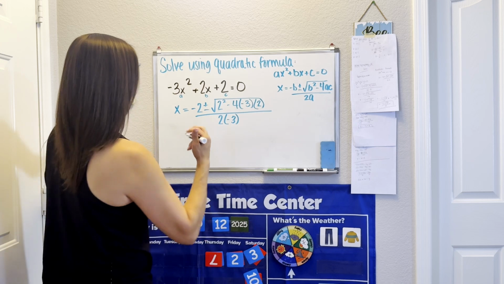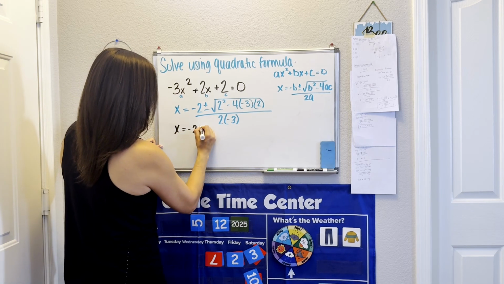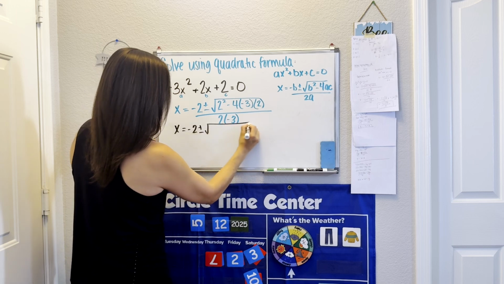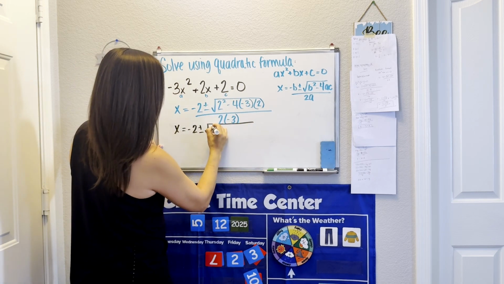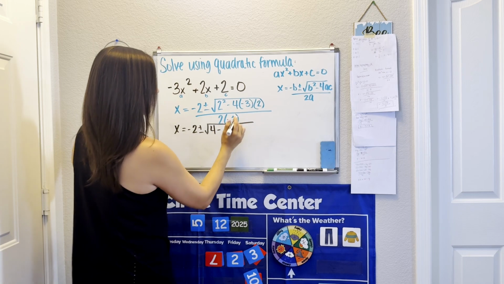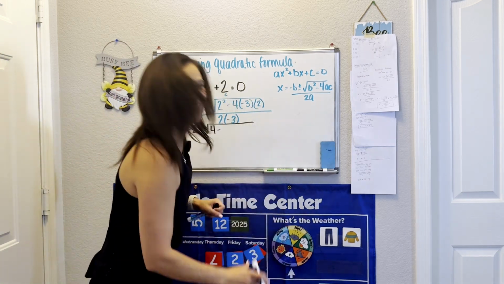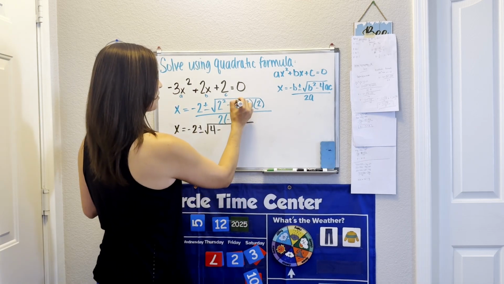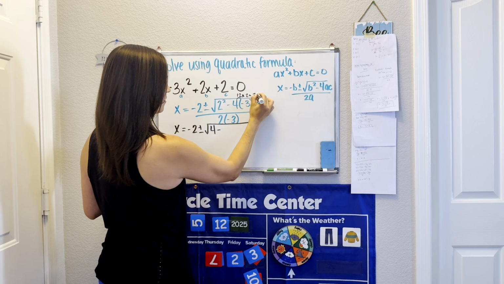So we have x equals negative 2 plus or minus the square root of 2 squared, so 2 times 2, which is 4, minus... we can do it with mental math, but we know that 4 times 3 is 12, times 2 is 24.